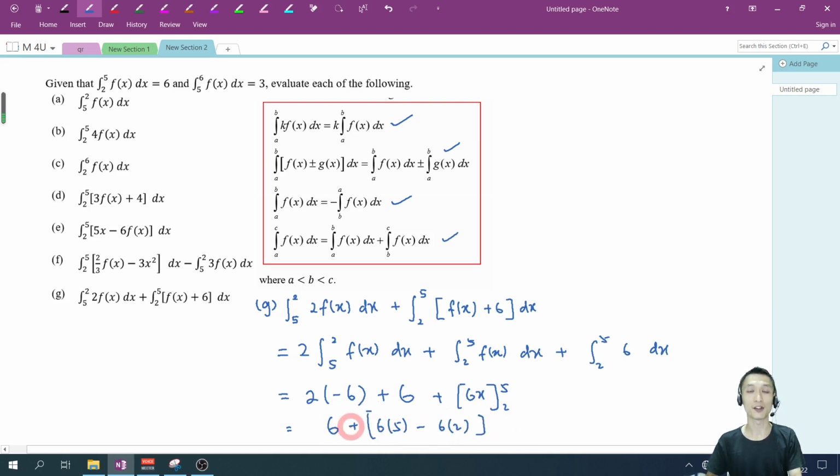Same thing here, because this is a positive sign, if you don't want to put a parenthesis here, it's okay. The answer is 24.